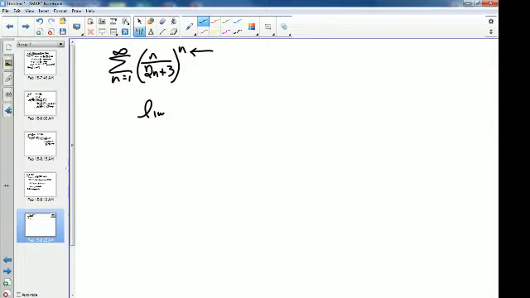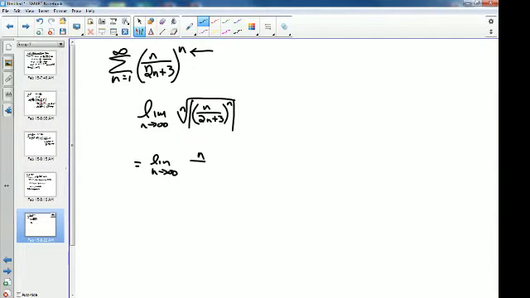So, the limit as n approaches infinity of the nth root. Do we need the absolute value here? You can write it, but you don't need it because everything's positive anyways. If n is 1, 2, 3, everything's positive. But what's the nth root of an nth exponential?